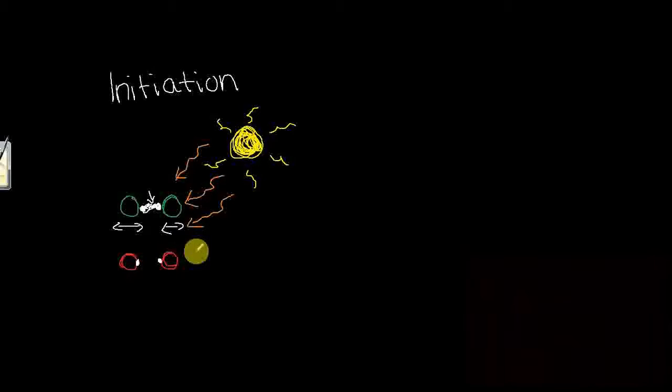So we've got 2 separate molecules, each with 1 non-paired electron, which by definition is a free radical, or if you want to simplify it, just a radical. Both roughly the same thing. So that is the birth of free radicals. Now we're going to see in the next step what exactly happens from then on.